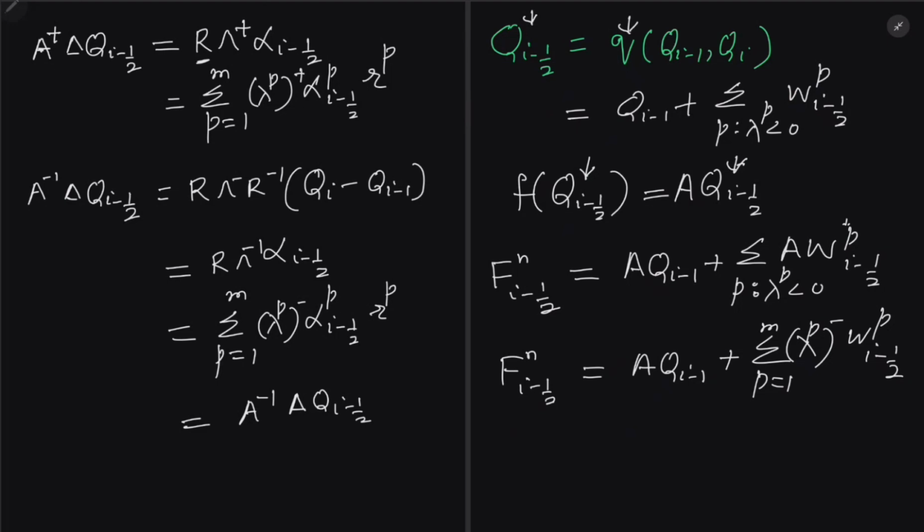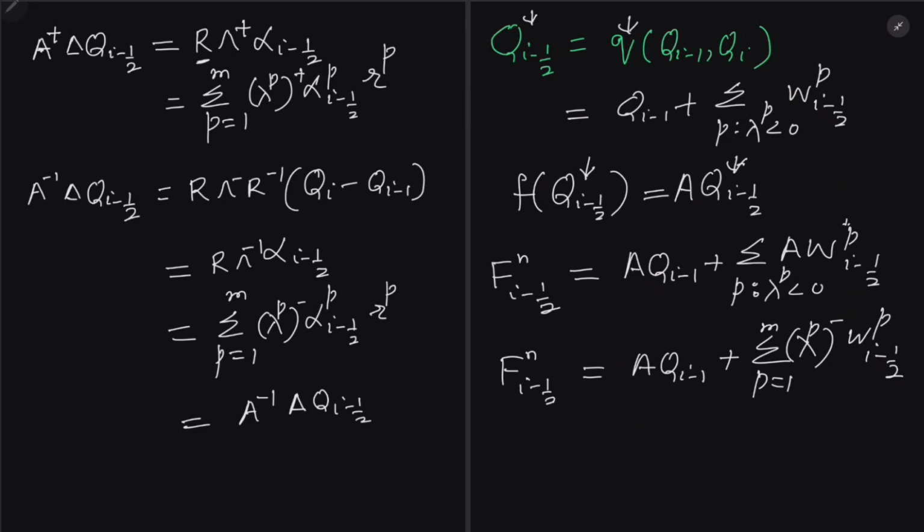Okay, this was the form that we use for the component form. Here we have a matrix, but here we have the components of that matrix.